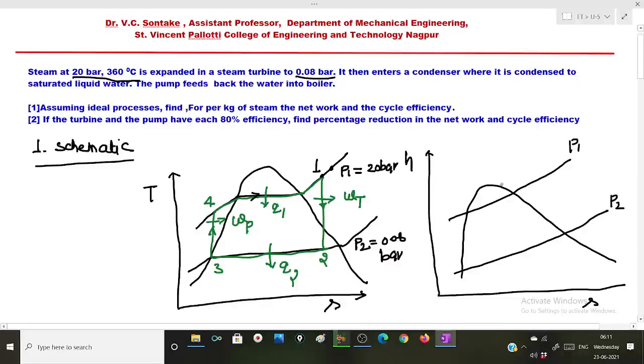The same process can be represented on the HS diagram. So 1 to 2, isentropic expansion in the turbine, 2 to 3, isobaric heat rejection in the condenser.